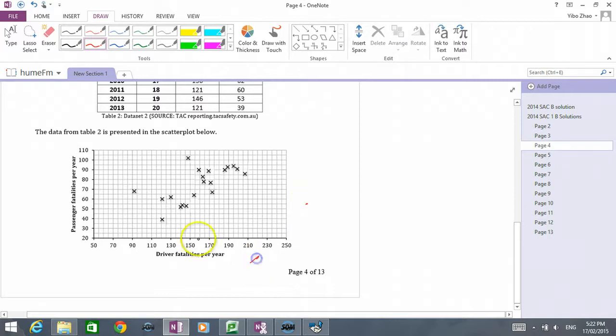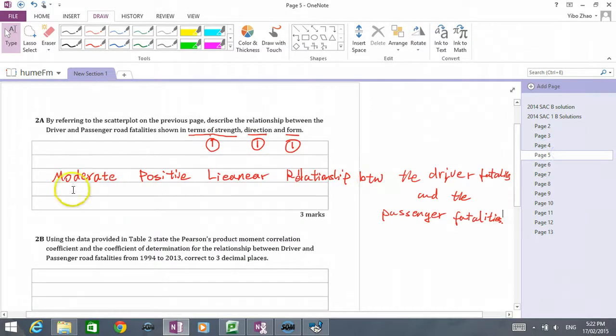If I'm going to draw a line, roughly the line goes up. So this is why I describe it as moderate. Moderate is the strength, positive is the direction, and linear is the form. So, moderate positive linear relationship between the driver fatalities and the passenger fatalities. You get 3 marks for it.